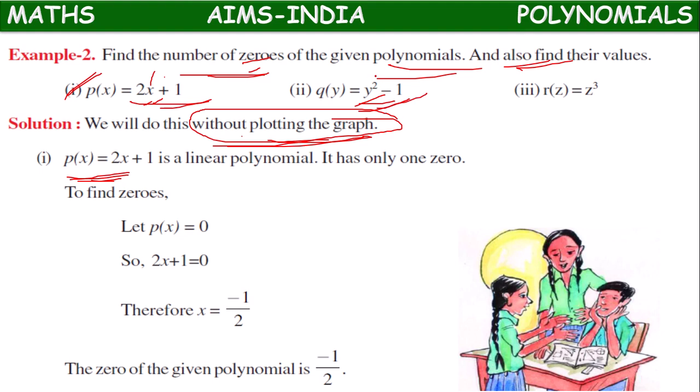In the second one, highest power 2, a quadratic polynomial. In the third one, highest power 3, a cubic polynomial. We have to find the zeros of a linear, quadratic and cubic polynomial without plotting the graphs.